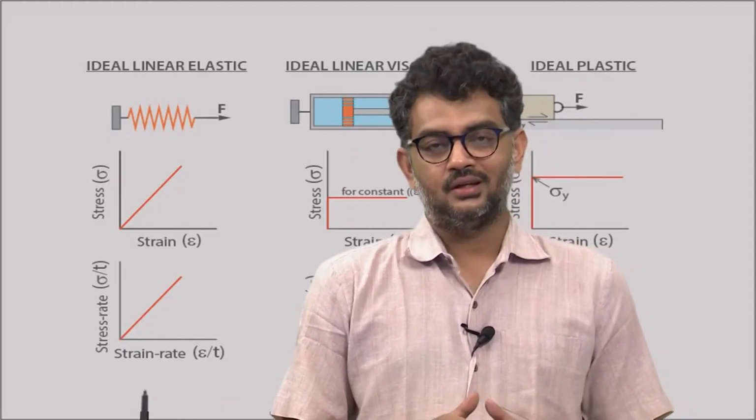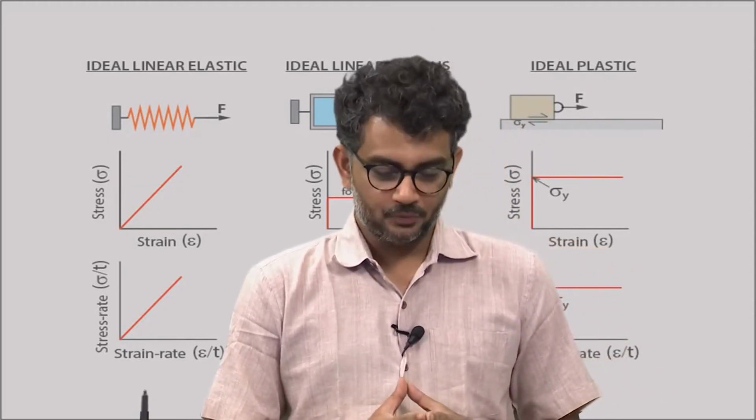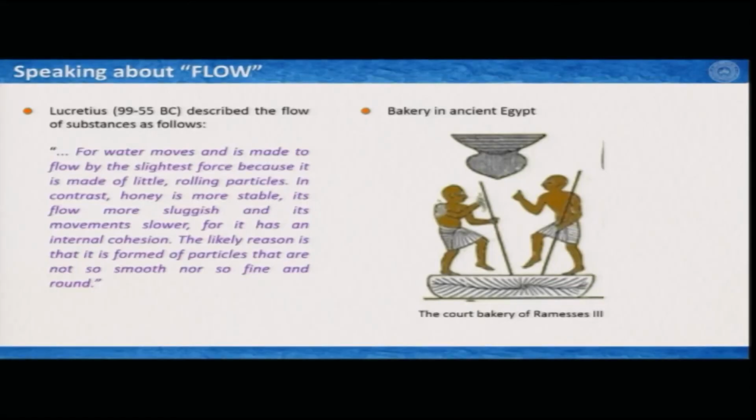Now, rheology is essentially a very old topic. Here is something very interesting I found. It's a very old text by Lucretius. He was a Roman philosopher and also poet, and he wrote a book on the nature of things, if I am remembering correctly.